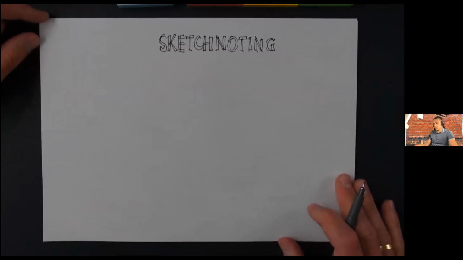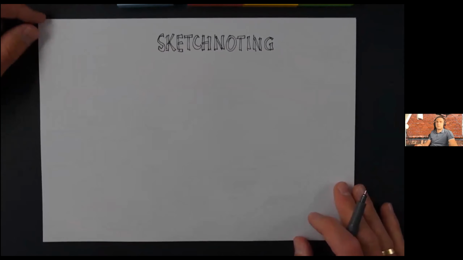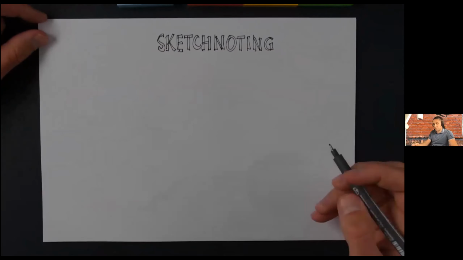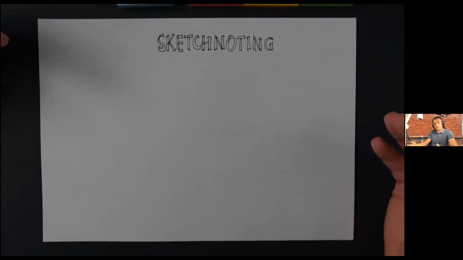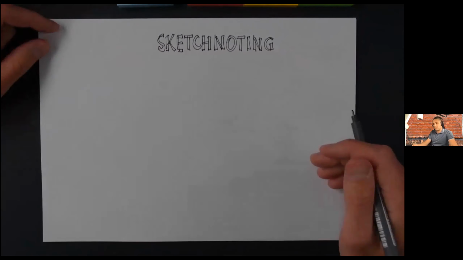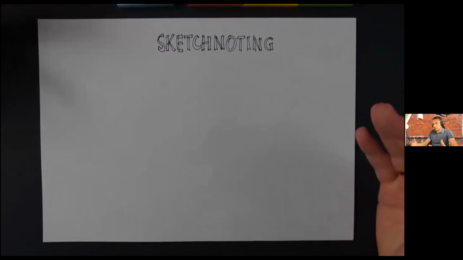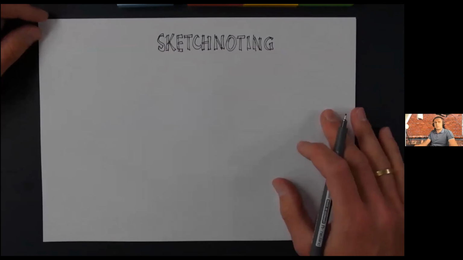You don't have to be super fast, as long as you're effective. So that's the first thing you learn about the technique. It's not to stress you out, but to help you out and to help you have fun and enjoy the process.